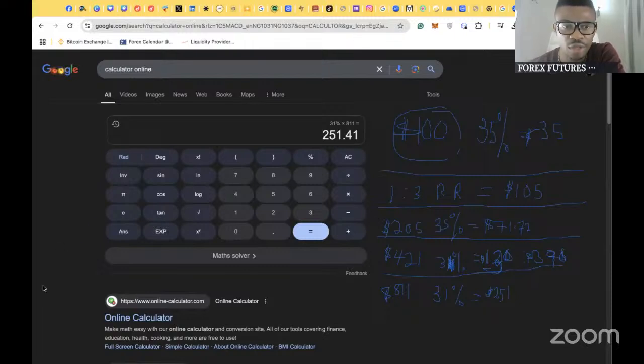If it goes well, multiply this by 3. It's giving us a new profit, if it goes well, of 754. If we add it to our capital, the total balance will now be, bring 811 here.